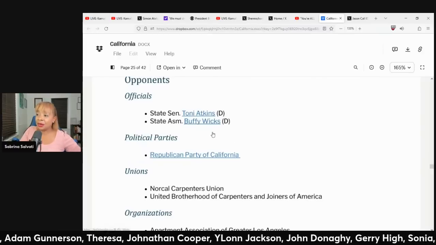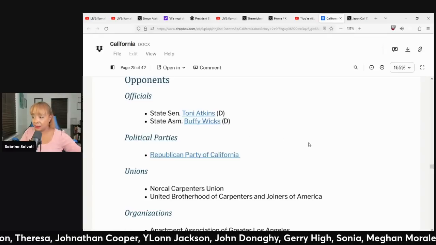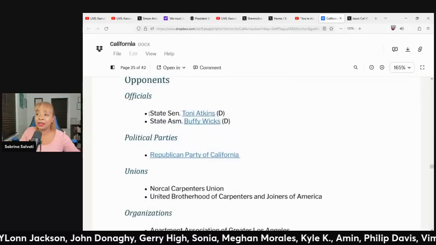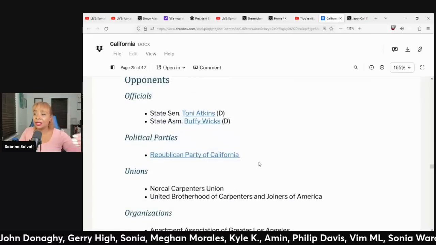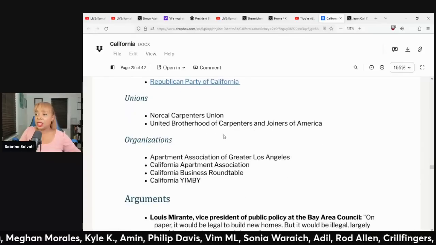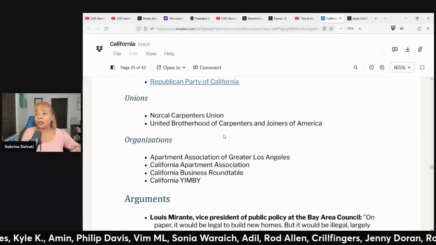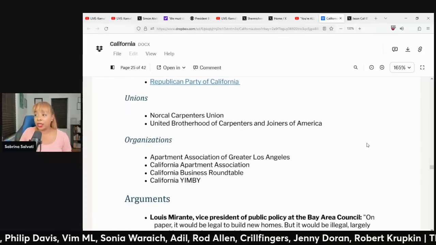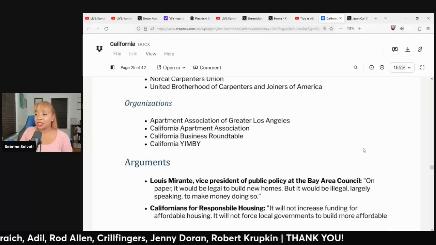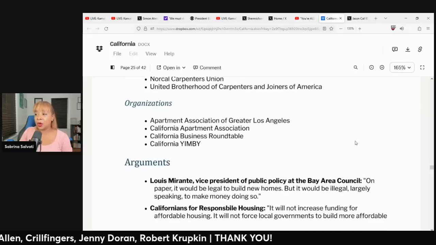Tony Atkins and Buffy Wicks, who are both Democrats, oppose it. The Republican Party of California opposes it. So see how you've got Democrats joining with the Republican Party to oppose it? Unions, the United Brotherhood of Carpenters and Joiners of America, oppose this. And one of the organizations that oppose it is the California Apartment Association.